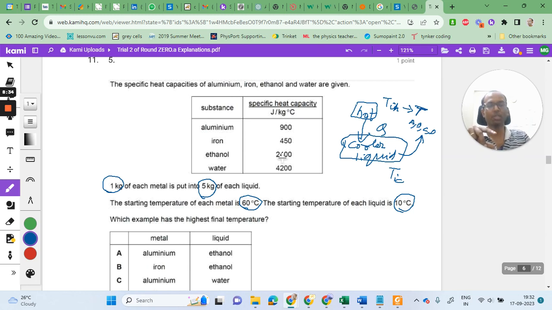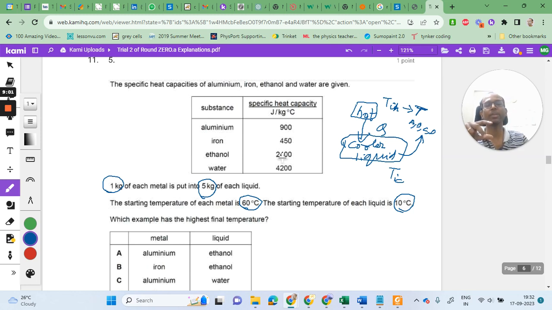If it is highest in a particular case, that means the hot object should lose the temperature minimum and the liquid should raise its temperature maximum, but the transfer of heat is same. So for the same heat loss Q, the metal should lose less temperature, but the liquid should gain more temperature.